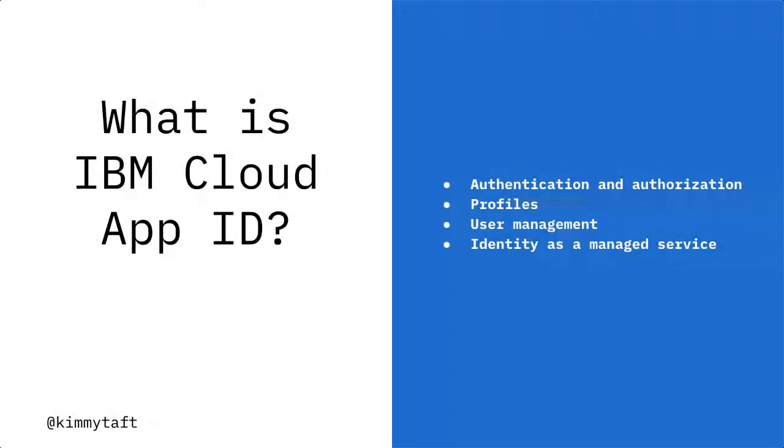The first feature of App ID, again, is authentication that we talked about. With profiles, we have the ability to build custom app experiences for your users. We can store and access user data that you might need to build engaging experiences, such as user app preferences.